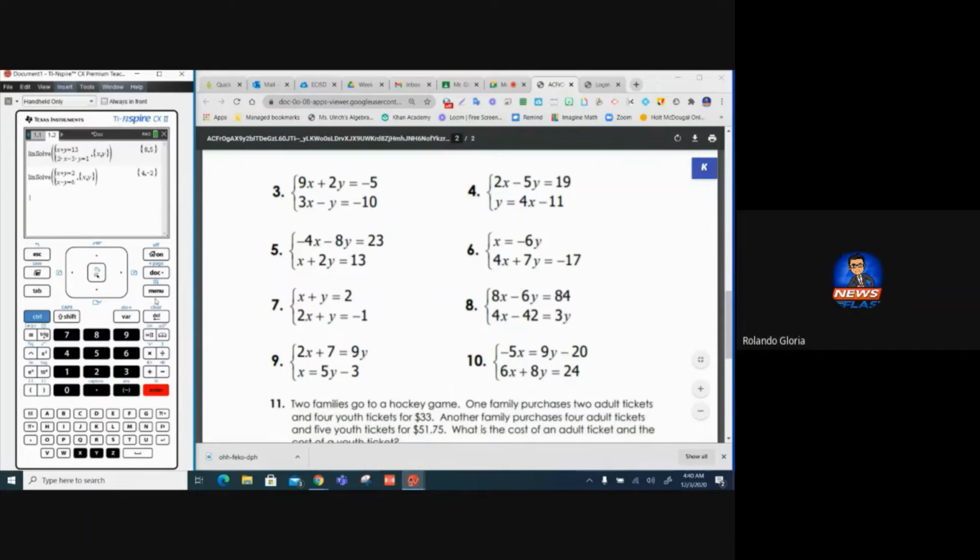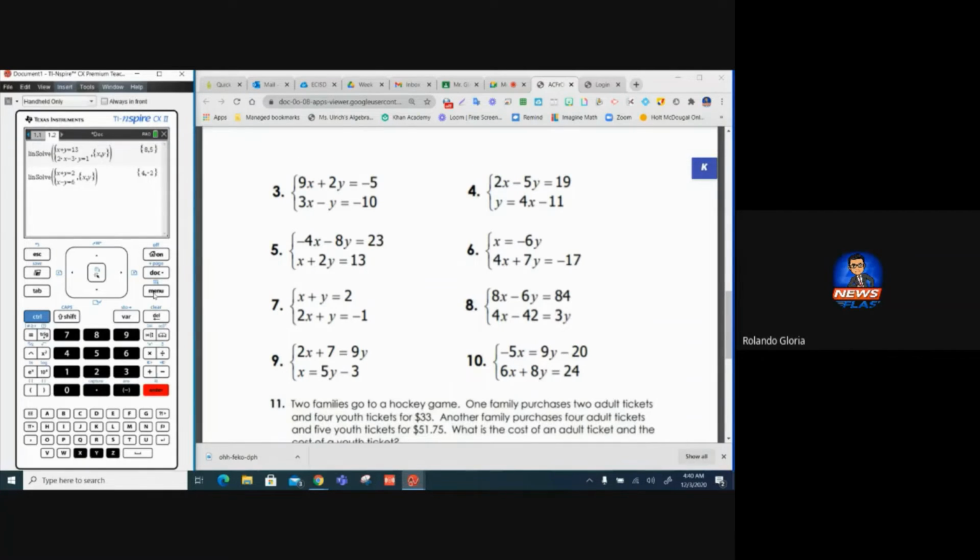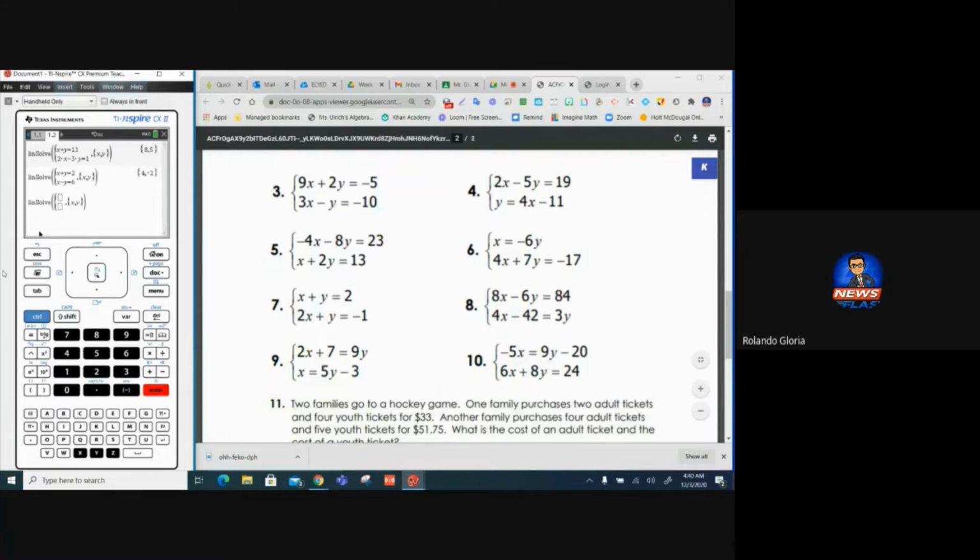Okay, so you follow the same steps: menu, then go to number, and then solve systems of linear equations. As soon as you see this window, just hit enter or OK. Now it's time to type the given equations.